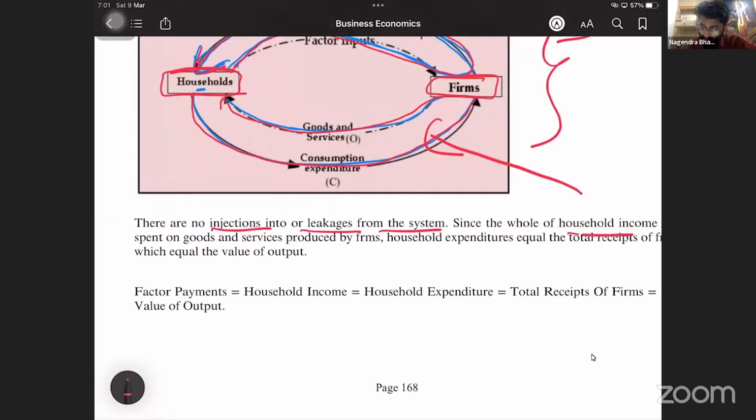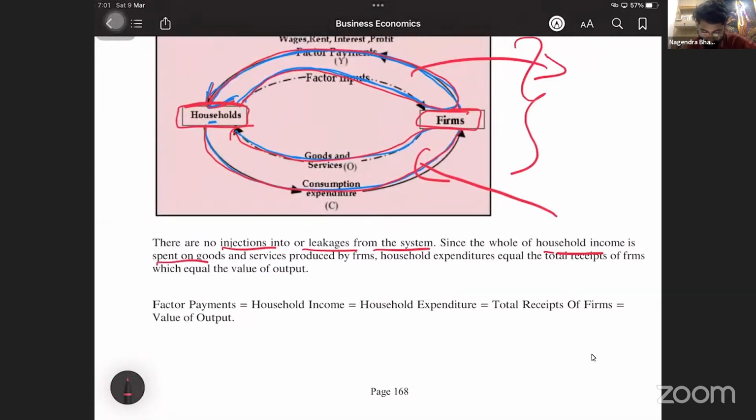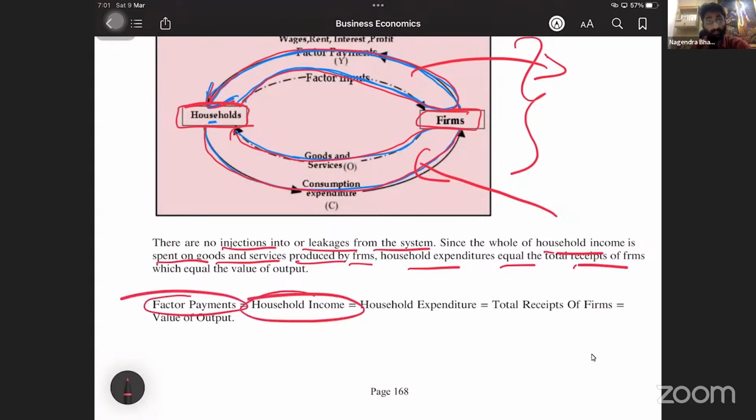Since the whole of the household income is spent on the goods and services produced by the firm, household expenditure equals the total receipts of the firm. Whatever the firm receives is the income of the household. Whatever household receives is the expenditure of the firm. So can we say that factor payment is equal to household income?